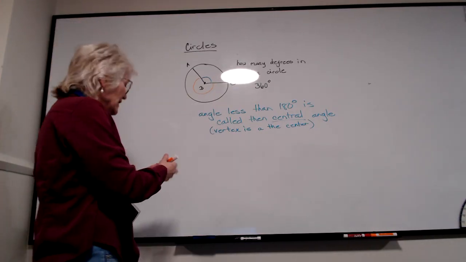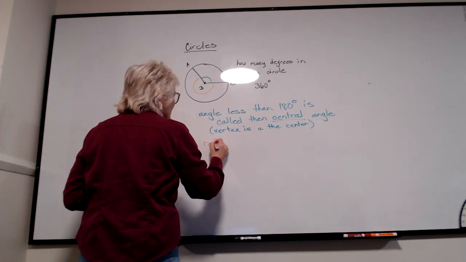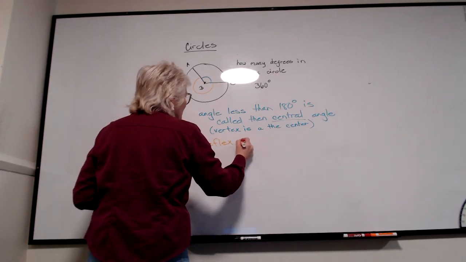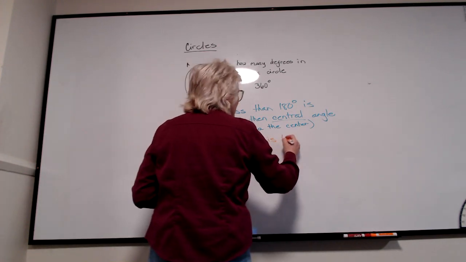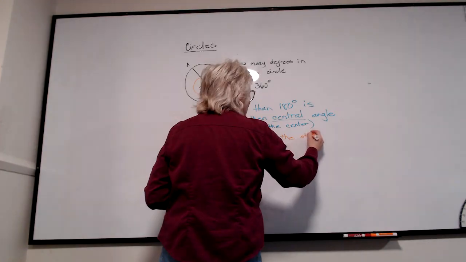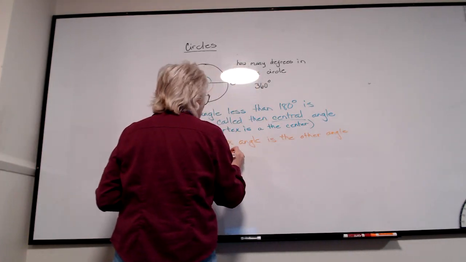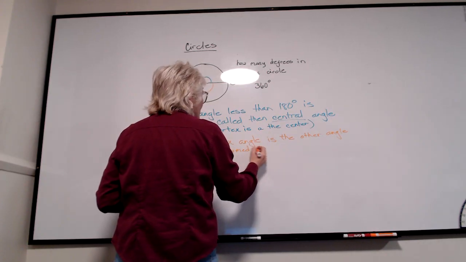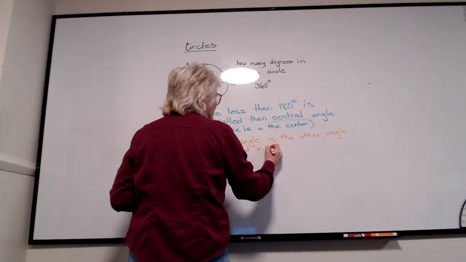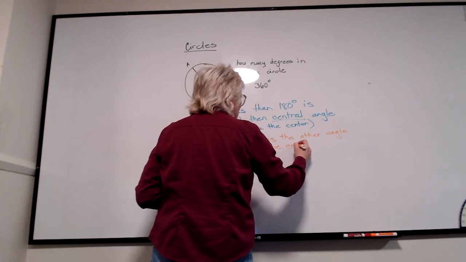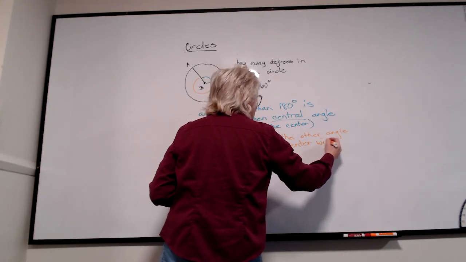Okay. The other angle, this angle out here, is called a reflex angle. It is the other angle formed in the center with a central angle.